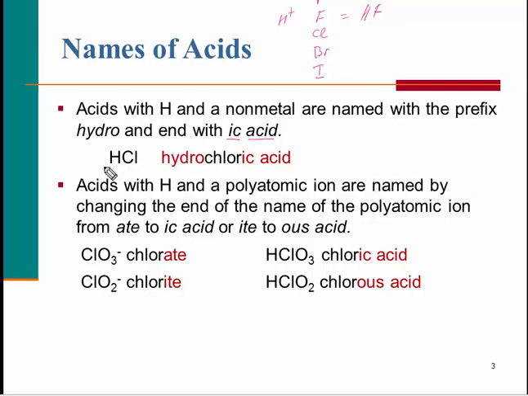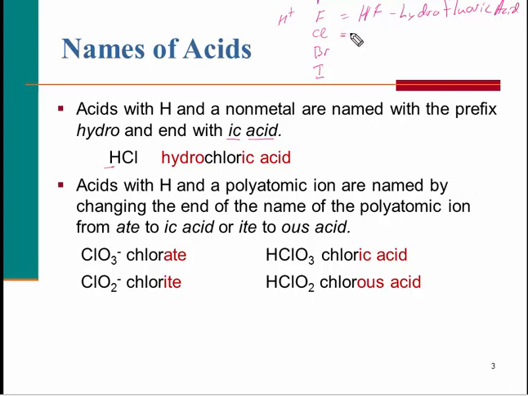And so we refer to this as hydro, and we don't say chlorine, we say chloric. So it's hydrofluoric, hydrochloric, hydrobromic, hydroiodic. HF is hydrofluoric, and it's spelled FLU, fluoric acid.